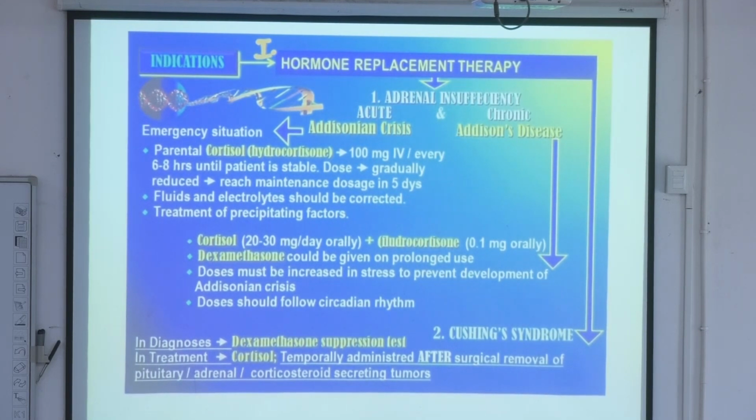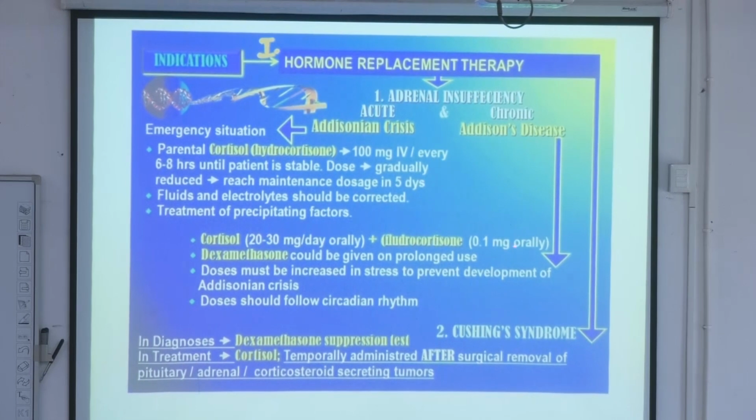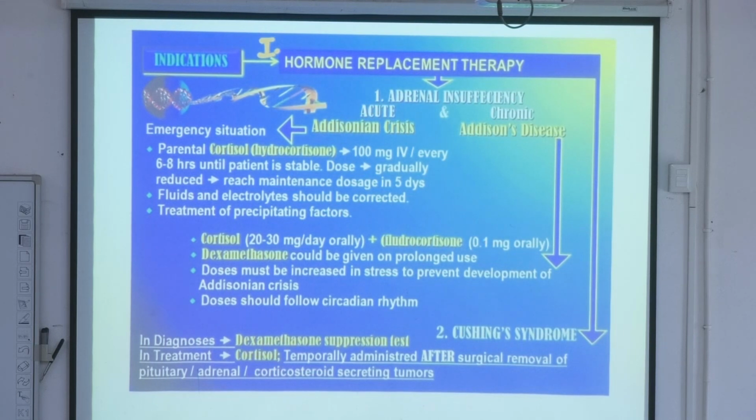Okay, then we give glucocorticoid from outside. যখন ক্রনিক হয় অ্যাডিশনস ডিজিজ ডেইলি বেসিসে দেওয়া হয় ইন ফর্ম অফ ট্যাবলেট, কর্টিসল ট্যাবলেট অর প্রেডনিসোলোন ট্যাবলেট দেওয়া হয়, and we also give a mineralocorticoid along with it, fludrocortisone.